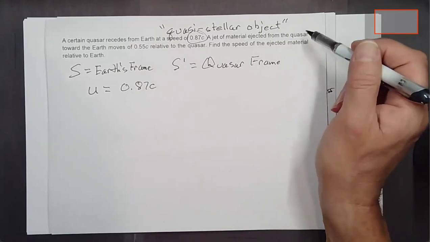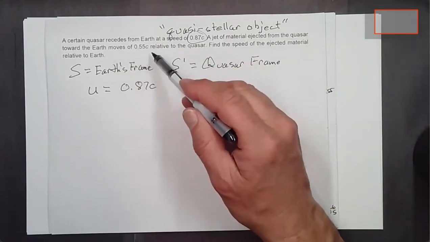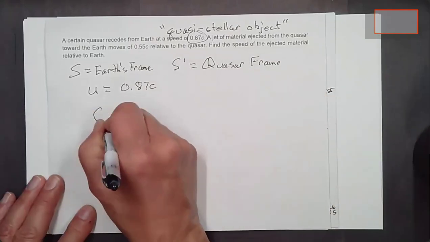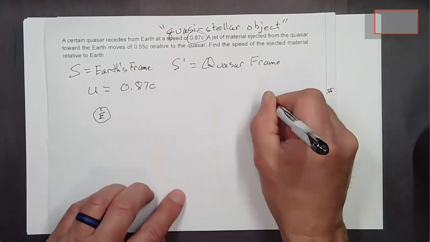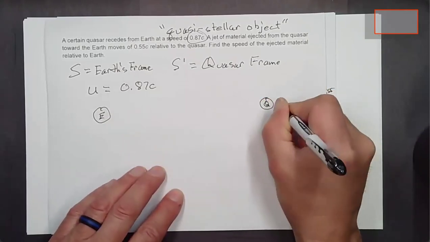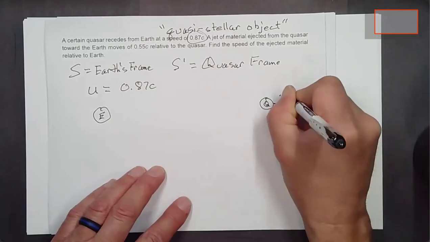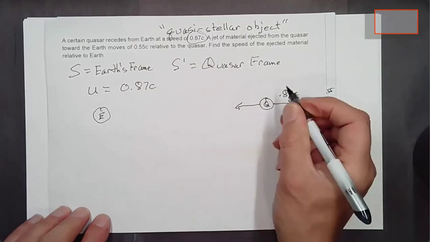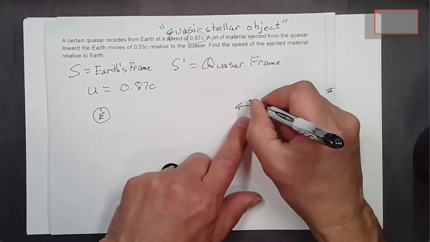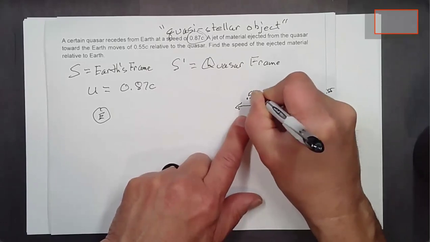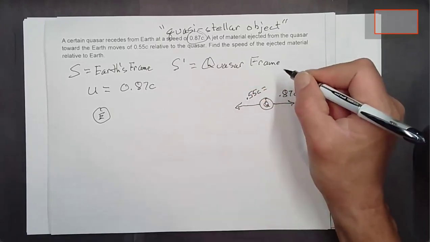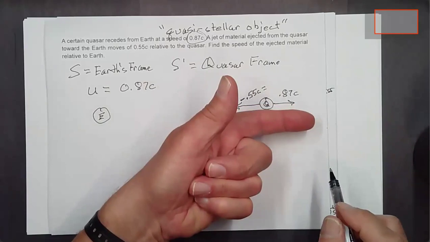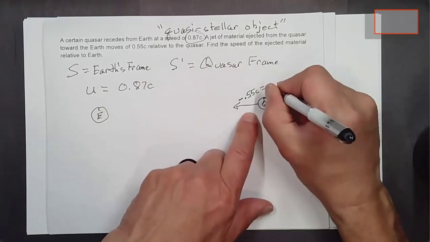A jet of material ejected from the quasar toward the Earth moves at a speed of 0.55 c relative to the quasar. But here's the thing here. We've got Earth here, and we've got the quasar out here moving away at 0.87 c, but the jet of material is being ejected back toward the Earth at 0.55 c, and that's v sub x prime, but it's going to be negative because the positive direction is that way and it's going in the negative direction.